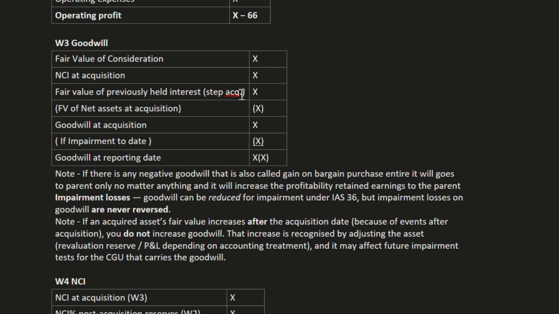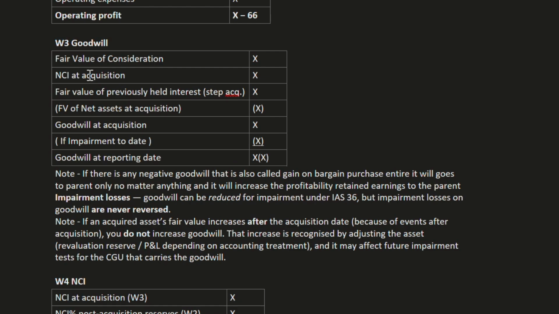So this is called a step acquisition. So under this, we need to add it fair value of previously held interest. In our example, that is 40%. Okay, less fair value of net asset at acquisition of the company which we are acquiring. Goodwill at acquisition date we will get, and we need to subtract it impairment to the date. Okay, so we will get goodwill at reporting date.